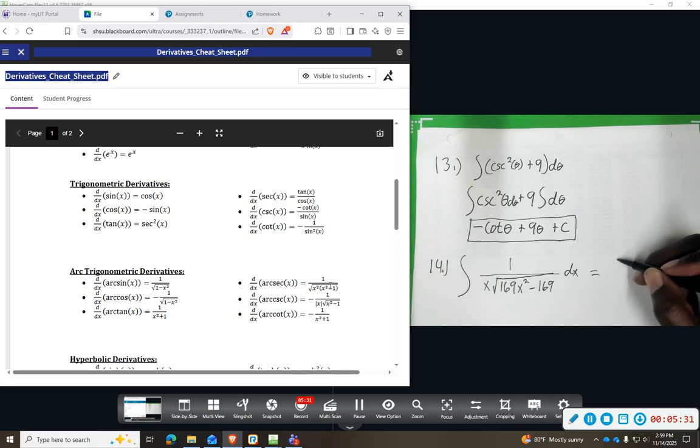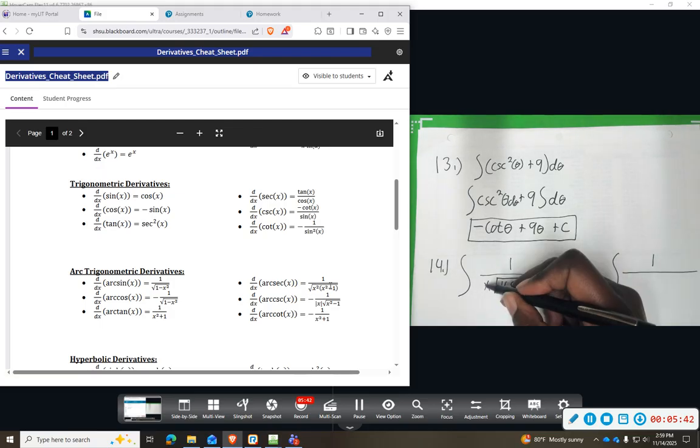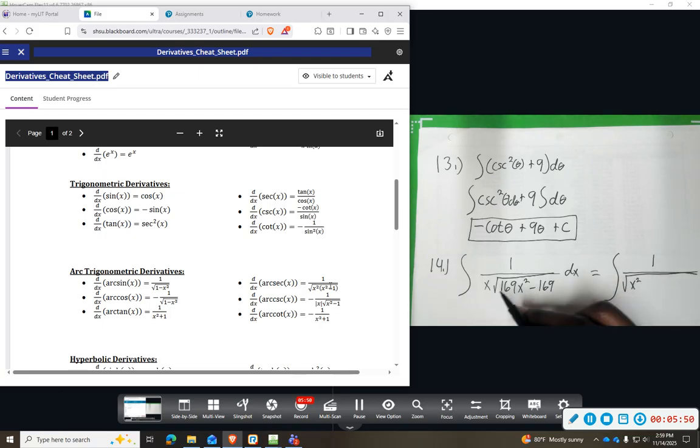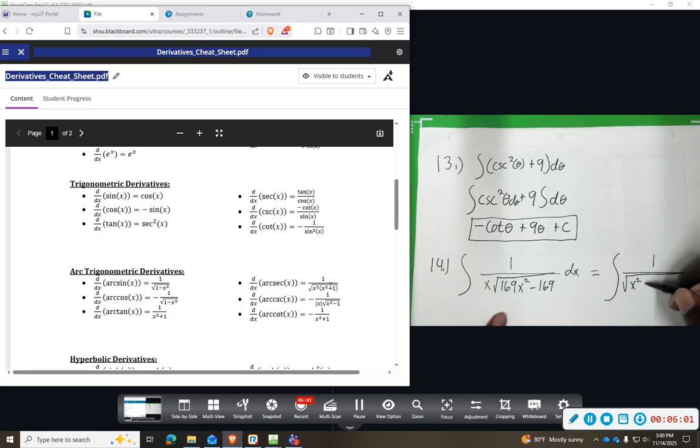You can also rewrite this as an integral. Let me try to write it so that it looks exactly like that. So what I'm going to do is put this x back inside, so that this will be square root of x squared. So that x came back inside. Now, the 169, I'm going to factor that out, and that's going to be x squared minus 1.